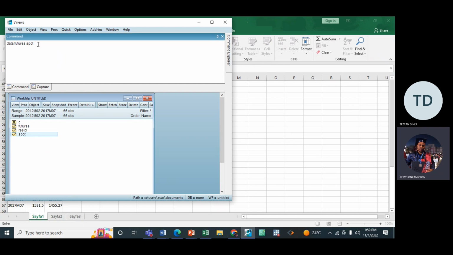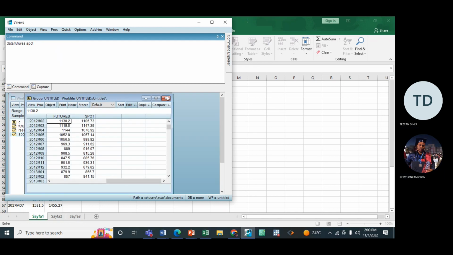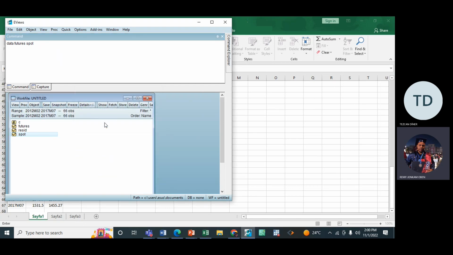So I'm going to generate. By the way, you know this command, right? Generate. I showed you how to generate logs using this command. I want to generate the return for each of these prices, for futures and for spot. So let me start with futures. I can just call it rfutures.